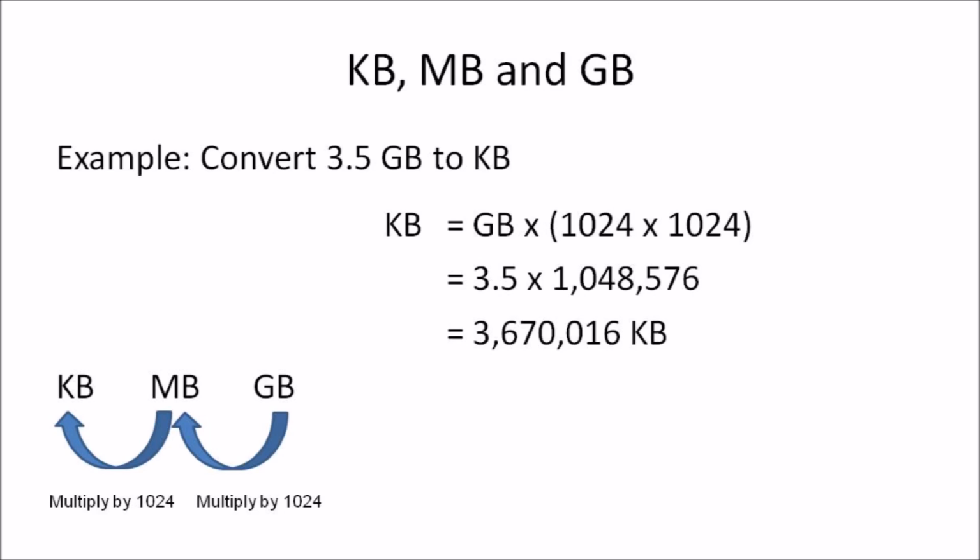Simply because we first need to convert to megabytes and then convert to kilobytes. So we multiply by 1024 twice. Once we substitute the amounts, the formula becomes 3.5 multiplied by 1,048,576, and once you equate that, the answer we get is 3,670,016 kilobytes. So that's how we convert gigabyte to kilobyte.